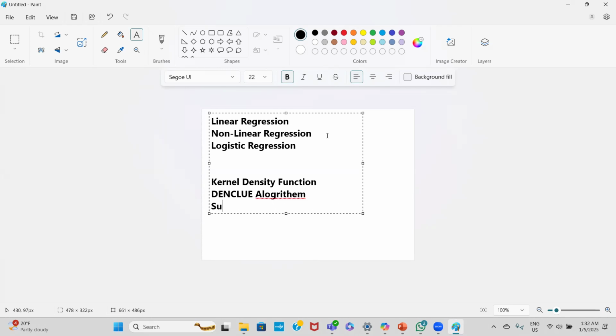And we have subspace clustering, and then we have something called gradient boost for regression algorithm.